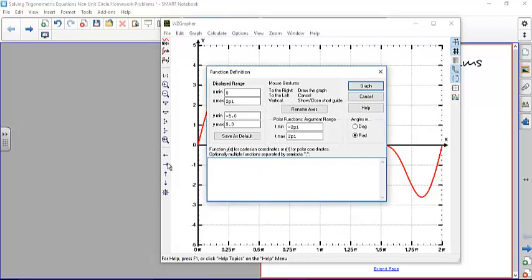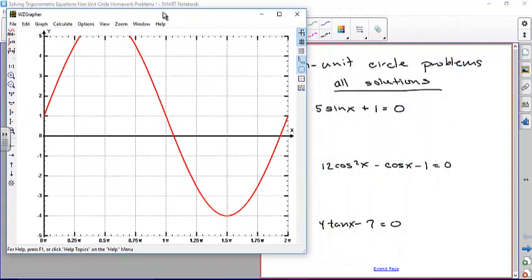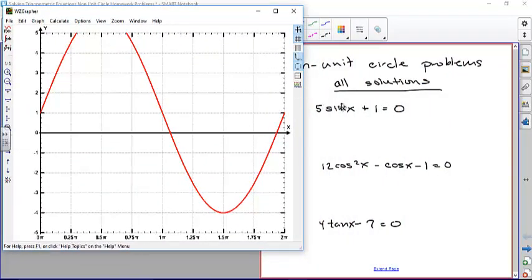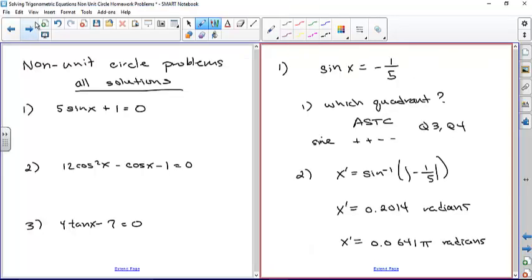What was it, 5? 5 times the sine of x plus 1 equals y. Graph it. So there it is. 5 sine x plus 1 equals y. So I'm looking for the x-intercept. And now I can go back to my answer. So there's my answer.